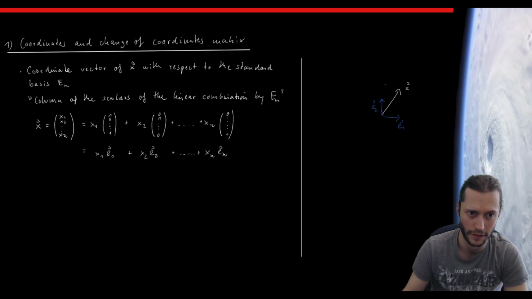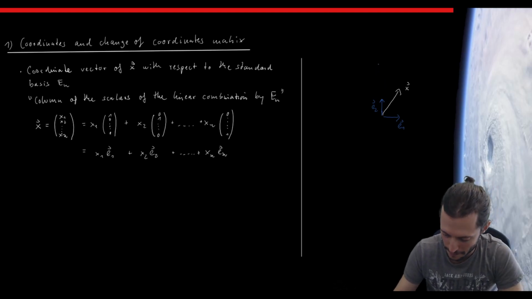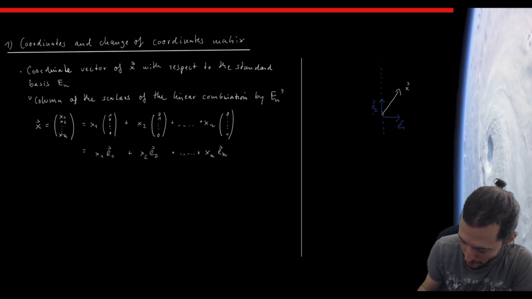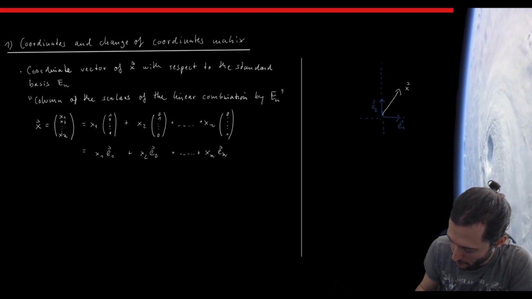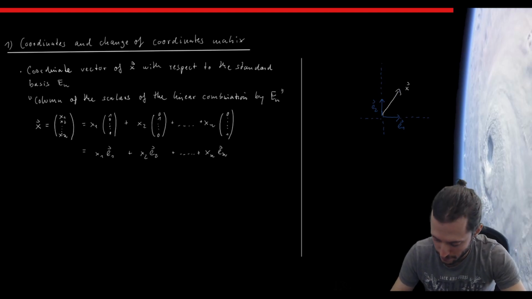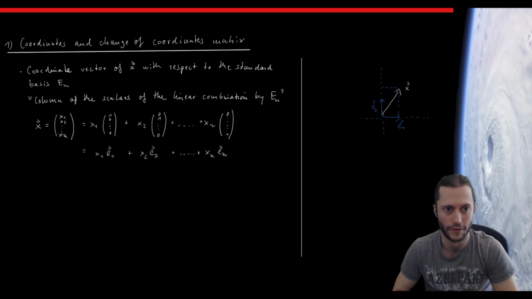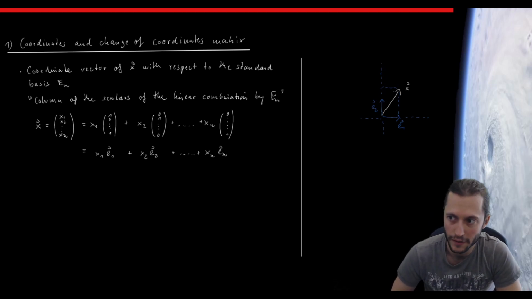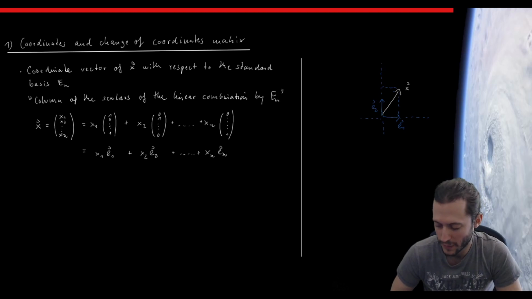So this is an example in R2, obviously. And by that, we also give a coordinate system, the Cartesian coordinates as we know them. And although this is not drawn really precisely, what I mean is the vector 1, 2.